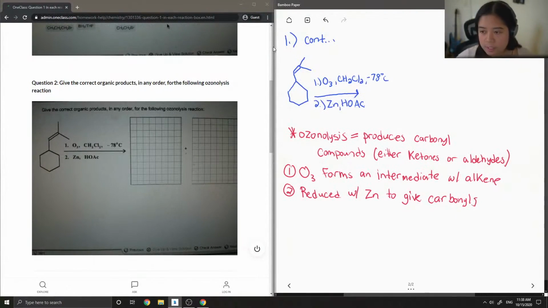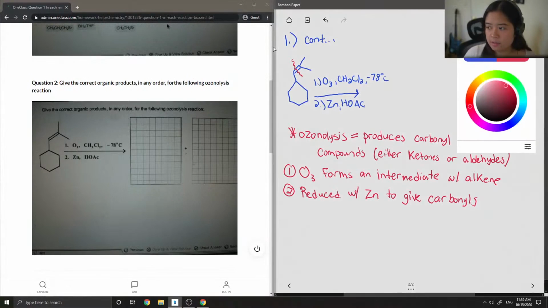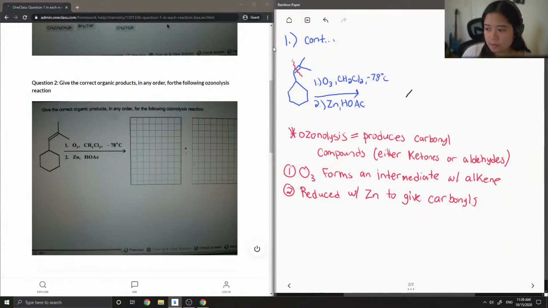Okay, so it's actually pretty easy to figure out what the products are from this reaction. Wherever you see the double bond, I like to draw a line that breaks it into 2 different species. Then wherever the line broke, you just replace it with either a ketone or an aldehyde.